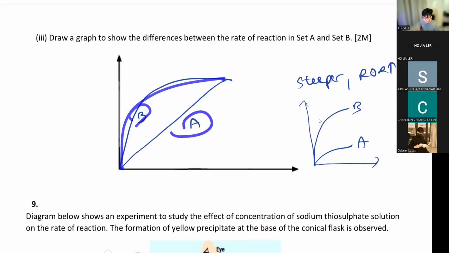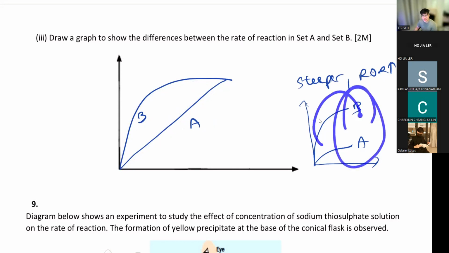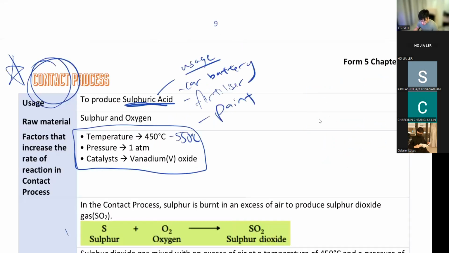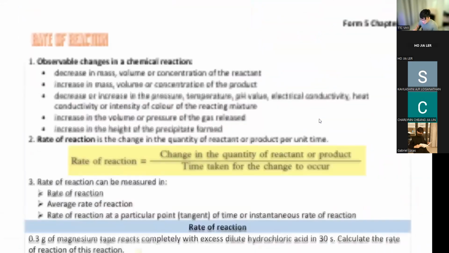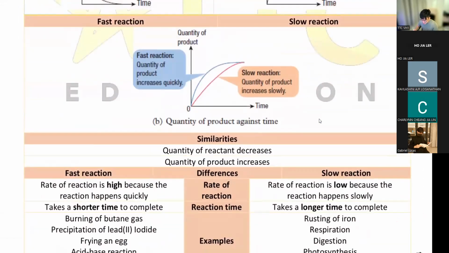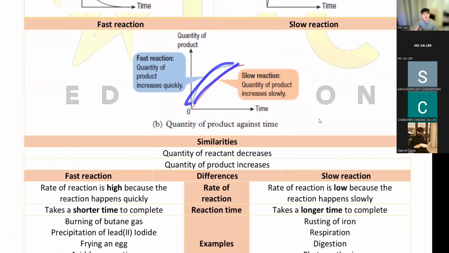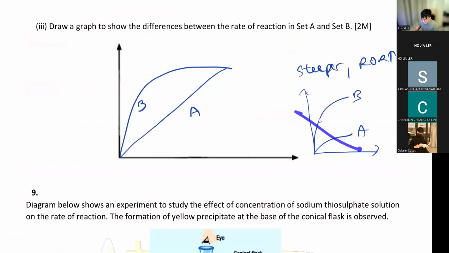One is colder, so it's slower. You see the difference? So it's not related to your end point. Please don't draw your graph like this, because even last week I already said your graph will look something like this. You see? I end up at the same point. Okay, please don't make mistakes like this.